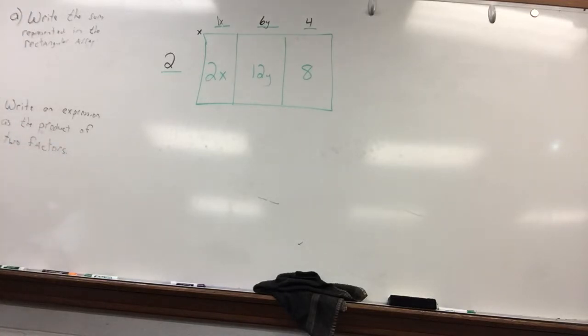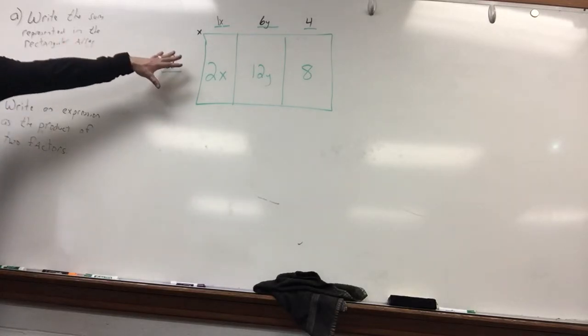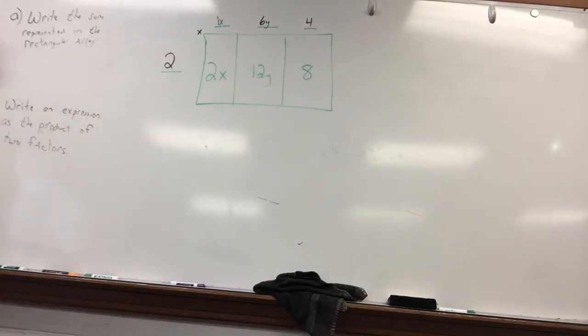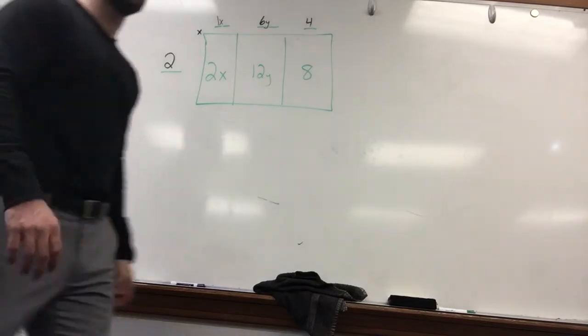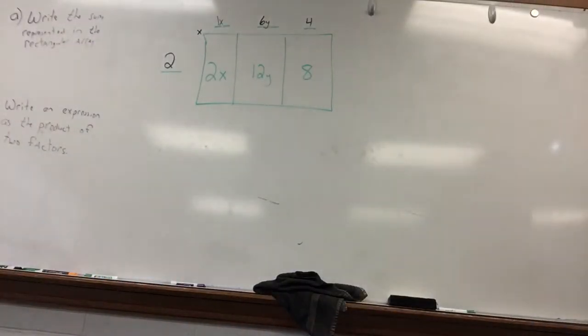If I gave you nothing else besides this picture, you are going to write the sum represented in the rectangular array, and then write an expression as the product of the 2 factors. Talk it over, find some keywords. You're writing a sum, you're writing a product.